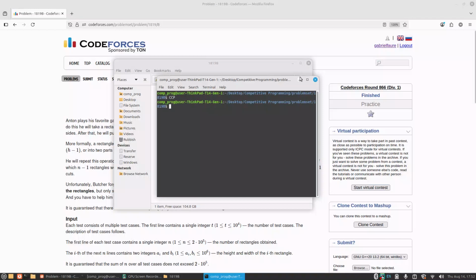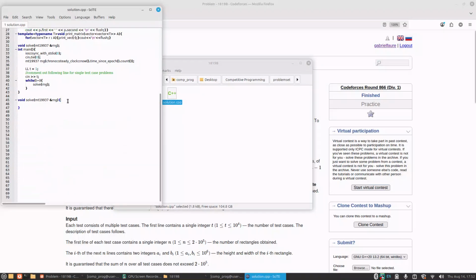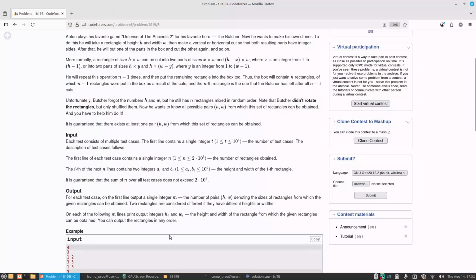Let's see, what's the blurb? Yeah, I wonder how slow Codeforces will be today. Multiple test cases, yep.